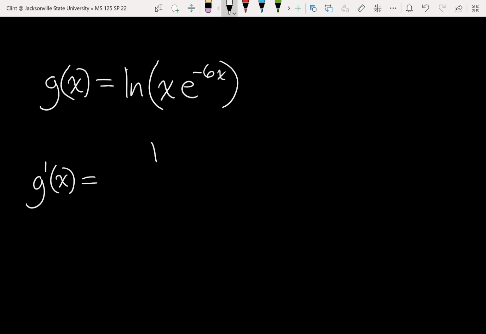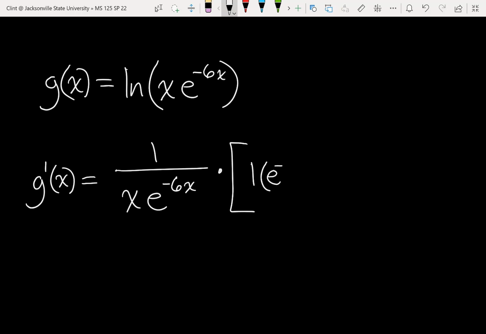So it's going to be 1 over x e to the negative 6x times the derivative of the bottom, which is a pain a little bit, because we got product rule with the chain rule involved. So we got derivative of the first one times the second one plus first one times the derivative of the second one, which uses chain rule.